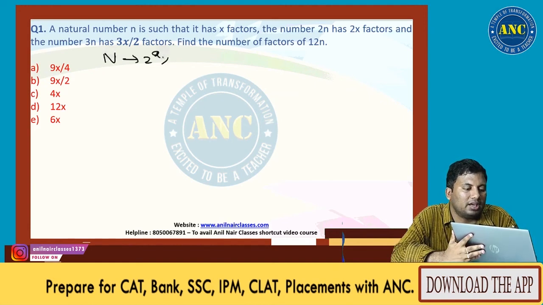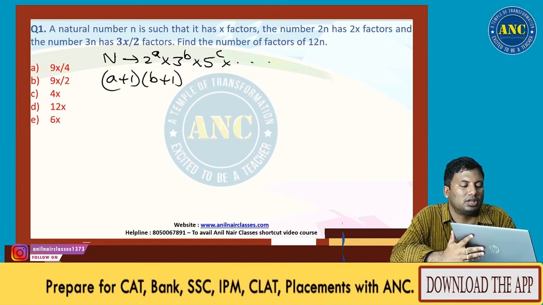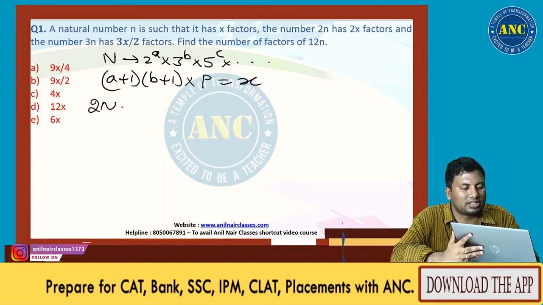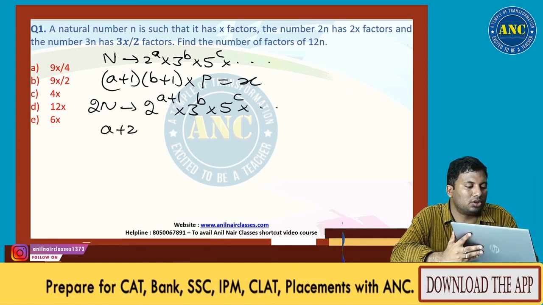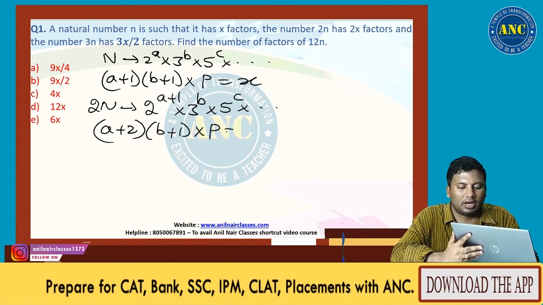2 power a into 3 power b into 5 power c and so on. (a plus 1) into (b plus 1) into some p equivalent to x, we will take. 2n has 2x factors: 2 power a plus 1 into 3 power b into 5 power c and so on. (a plus 2) into (b plus 1) into p equivalent to 2x factors.